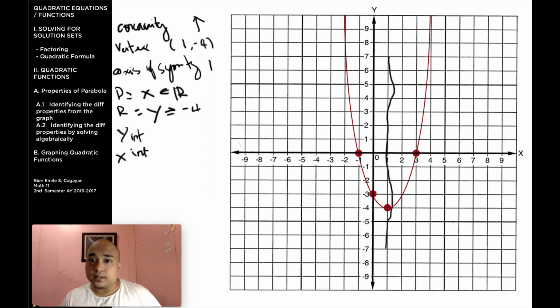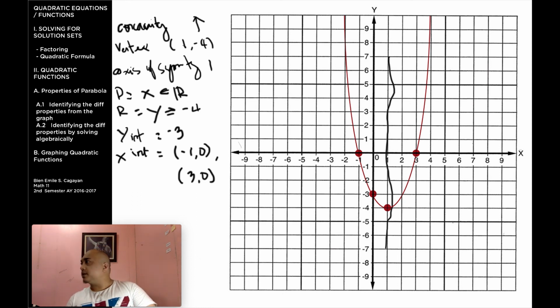The y-intercept is where it intersects the y-axis, which is -3, and the x-intercepts are the points where it reaches the x-axis, which are -1 and 3. See, if you're looking at the parabola, it's much easier.